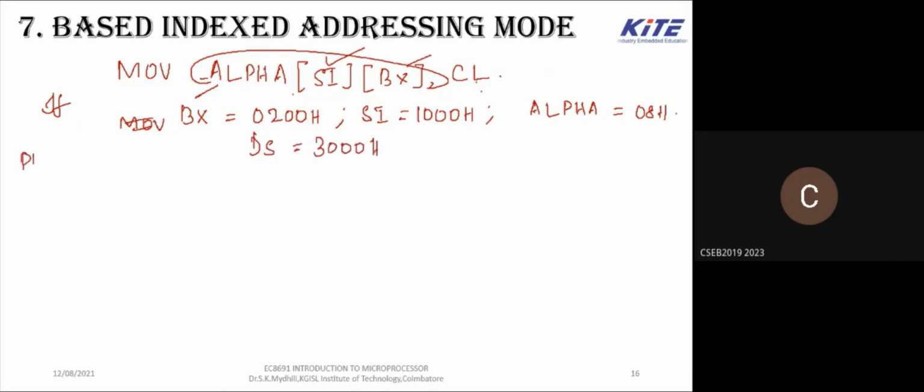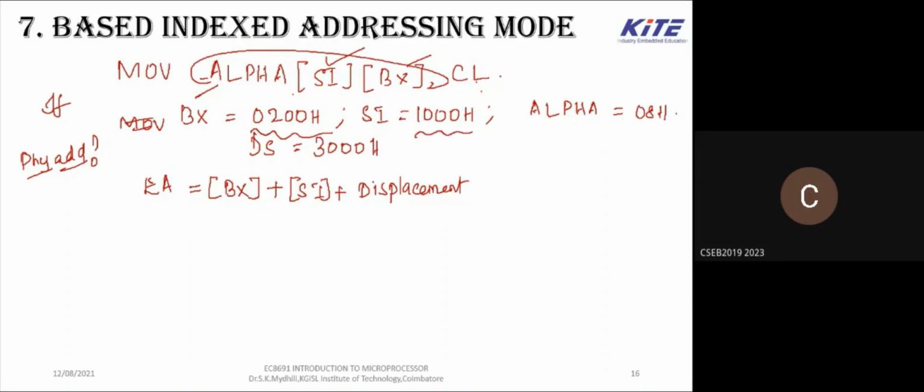Finding out the physical address, how is it done? Here we know this is nothing but finding out the effective address from the previous example. It is adding the base register along with the index register with the displacement. So you could see here BX is given, SI is also given, the starting address is given along with the value of displacement. So this is your displacement.